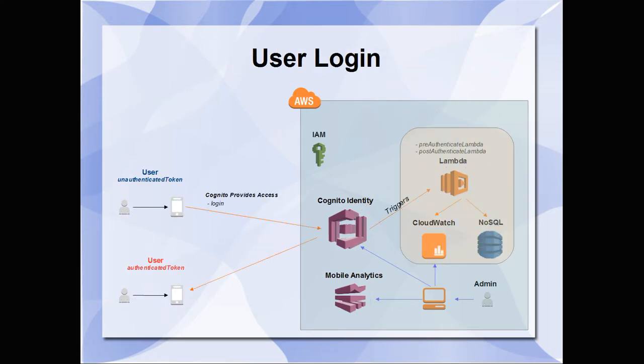Okay, now the user decides to log in. The user still has the unauthenticated token from Cognito, and now the mobile user says, I want to log in. So once again, the mobile application that the mobile hub generated is using an AWS SDK, which allows you to log in.